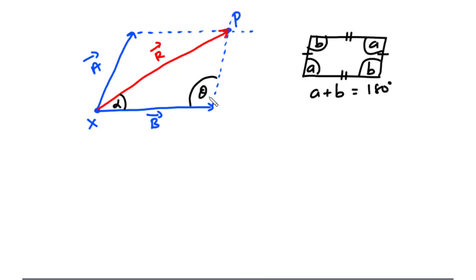So we have this angle to be theta, and then let the angle between vector A and then vector B on the left to be phi. So using this property, it means that angle phi plus angle theta is equal to 180 degrees.